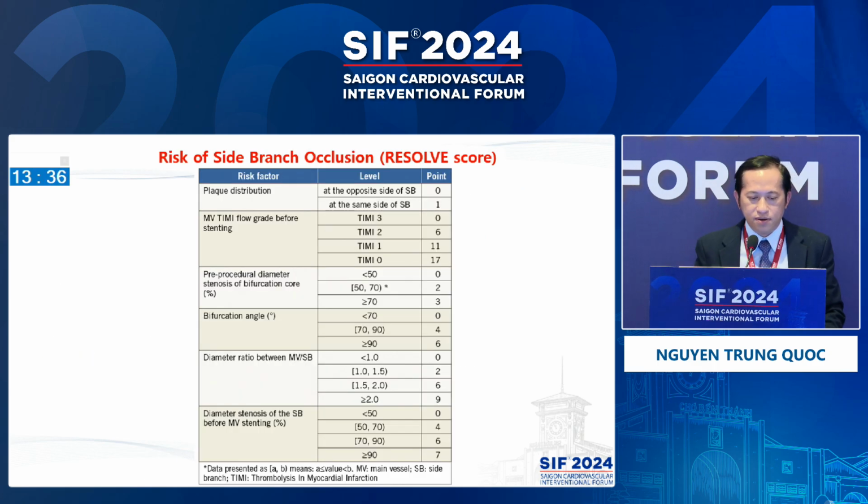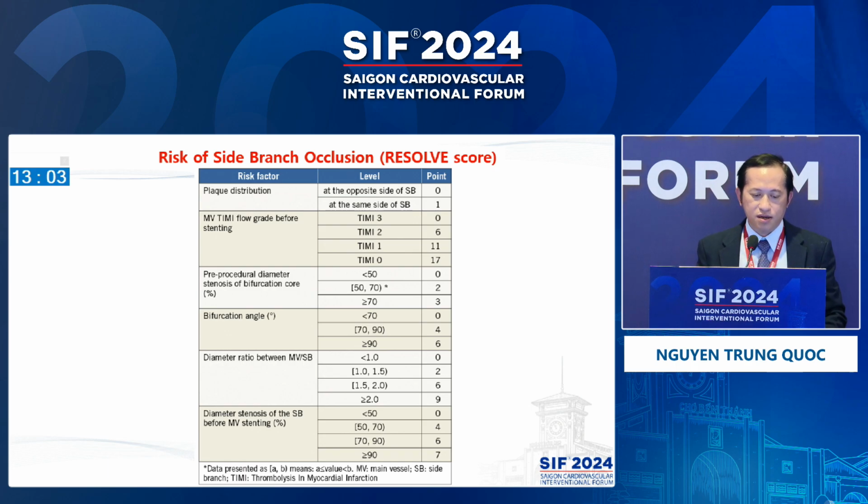In the risk score, there are 7 risk factors of side branch occlusion. First is plaque distribution. If the plaque distribution is on the same side as the side branch, it increases the risk of side branch occlusion. The second is TIMI flow.